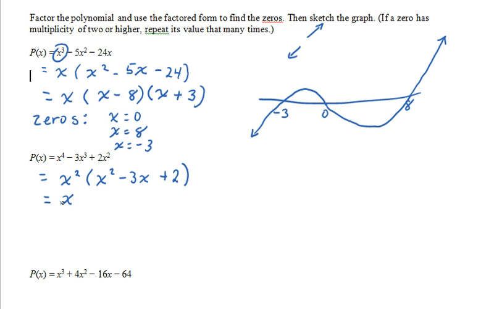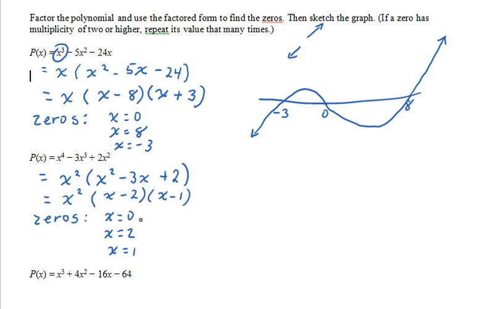The quadratic factors, looking for two numbers that multiply to be plus 2 and add to be negative 3. So minus 2 and minus 1. The zeros are x equals 0, x equals 2, and x equals 1.